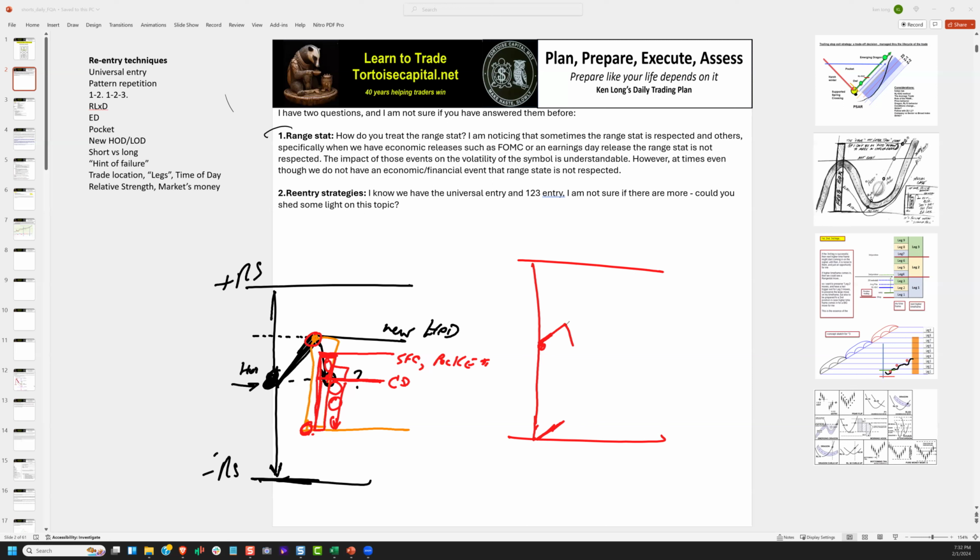And if this goes up a little bit more, then this goes up a little bit more. If this comes down to here, and now this is still the new low of the day, this is still the plus range stat. But if this now starts dropping down to here, now suddenly the range stat upper limit looks like this. And what you end up getting is, at the moment of the opening, you have a potential move that starts here, but then as price starts unfolding, the size of the remaining reasonable move starts to narrow until whatever happens out here.